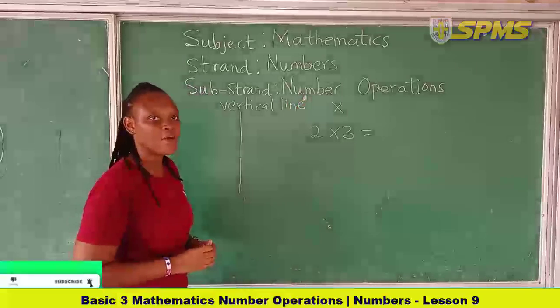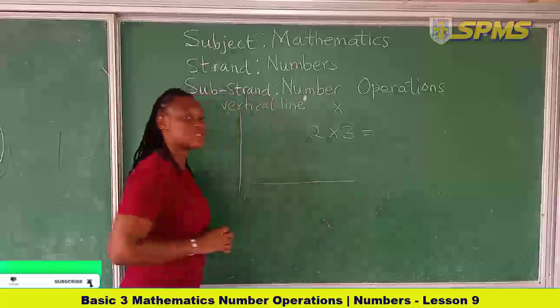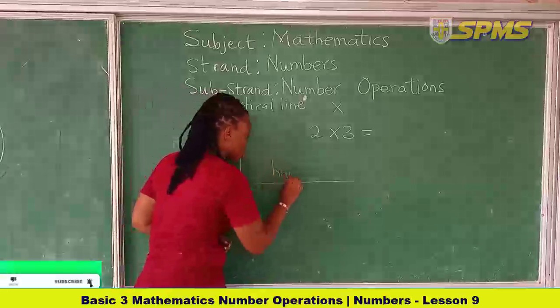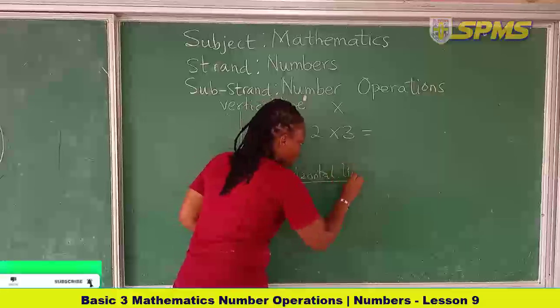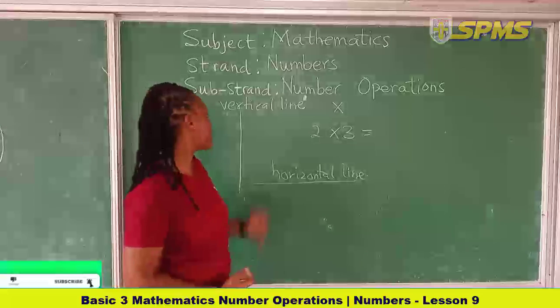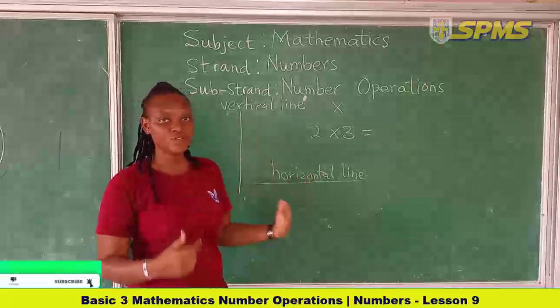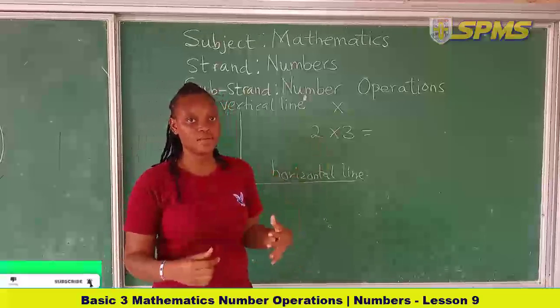And then we'll use our horizontal line straight like this. So we are going to make use of the vertical line and then the horizontal line to find our answer for 2 times 3.